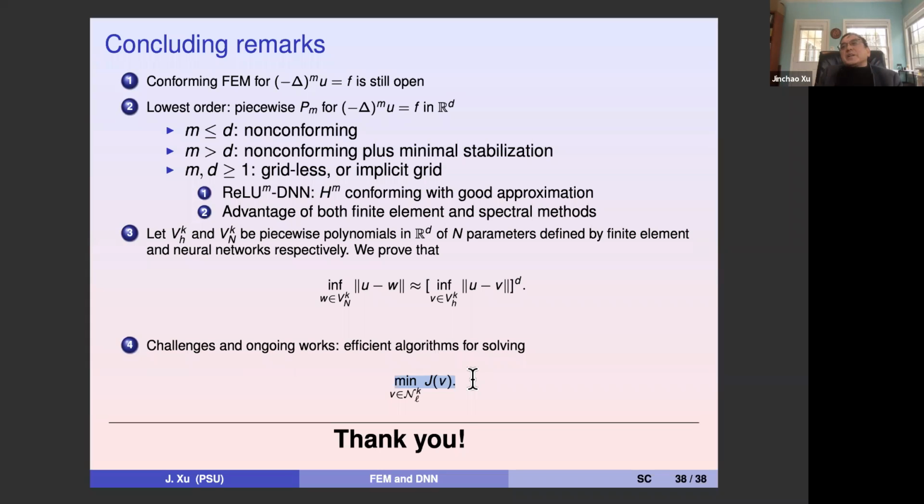Again, it's a wide open area, and it is widely believed that neural networks will be good at least for high dimensional problems. Here I do high order PDEs just because it's something I worked on in the last 10 years and didn't know how to do. But this one I have an easy solution. I can prove all these convergence rates, except I don't really know how to solve this efficiently. With that note, I stop here. Thank you very much for your attention.